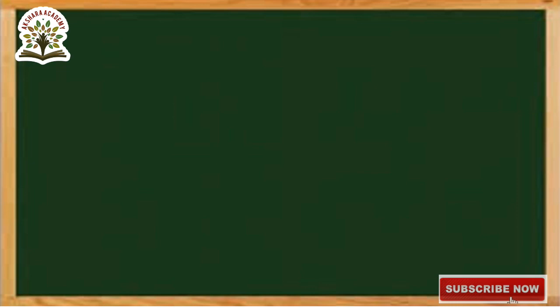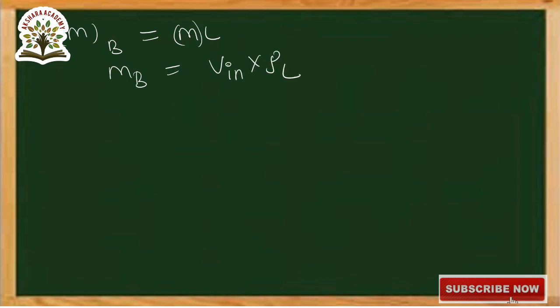According to the law of flotation, Wb is equal to Wl, but we write here mb is equal to ml, which can be written as V inside into rho L. Mass is equal to volume into density.